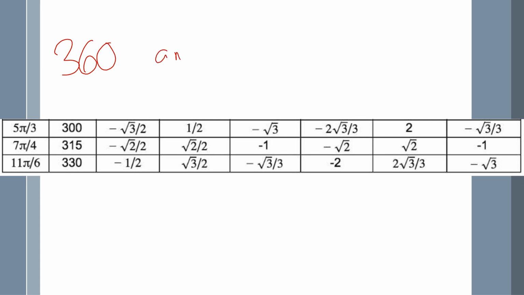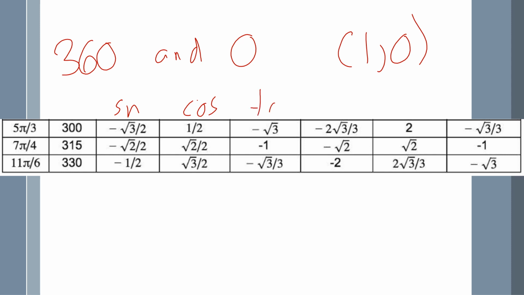And we already did 360, and 0 is going to have the same values, which is going to be 1, 0. Just remember that. And remember, this is sine, cosine, tangent, cosecant, which is the inverse of sine, secant, and cotangent, which are inverses. So remember, if I say the inverse of sine, I'm saying cosecant.